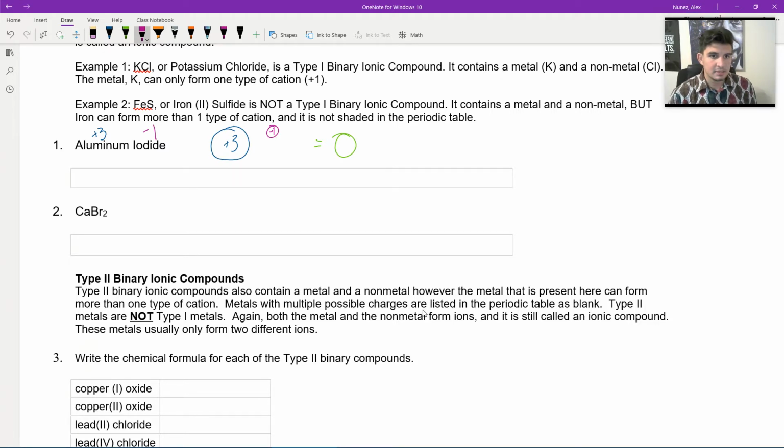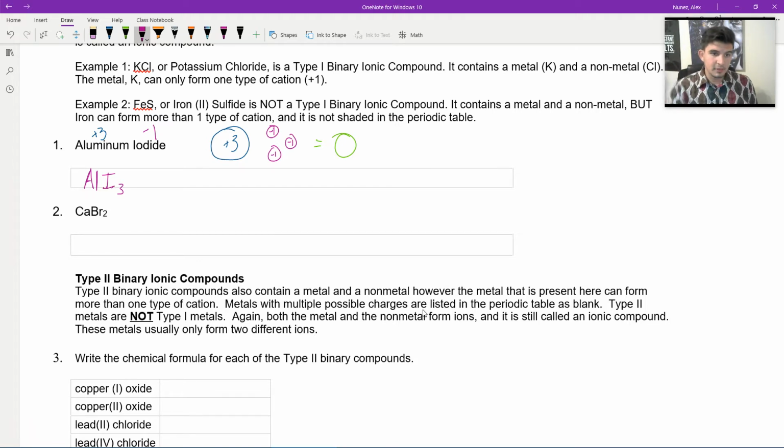So that means that if I want to balance out aluminum's charge of plus 3, I'm going to need 3 iodines with a charge of minus 1 to give me an overall charge of 0. This gives me a clue as to how I would write the formula for it. I would put Al, because there's only one aluminum, and then I with a subscript of 3, telling me I needed 3 iodines to balance out my 1 aluminum.